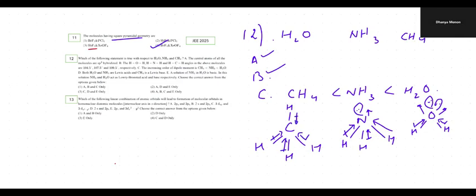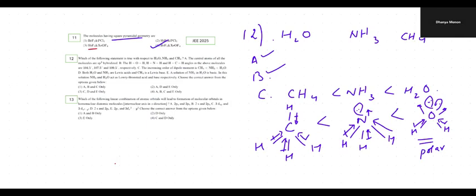Obviously in methane it is less because the difference in electronegativity is very small between carbon and hydrogen. It is less than that of ammonia, and nitrogen is highly electronegative, so there is a difference in electronegativity of nitrogen and hydrogen. That's why ammonia is more polar than CH4, and ammonia is less polar than water. Water is highly polar because of the small size of oxygen and the higher electronegativity of oxygen. So this statement is also true.